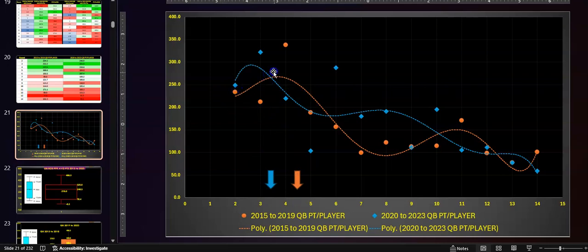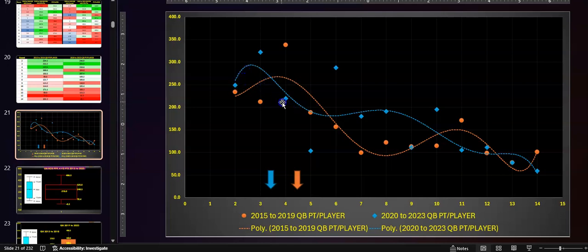Looks like with the orange, the quarterbacks are declining after round 4. So it looks like there's been a shift in the extreme nature of early quarterbacks. And in the last few years, we've seen more valuable quarterbacks coming out early versus late.